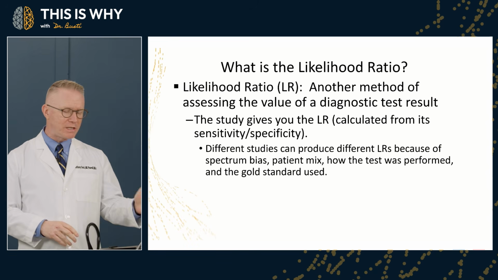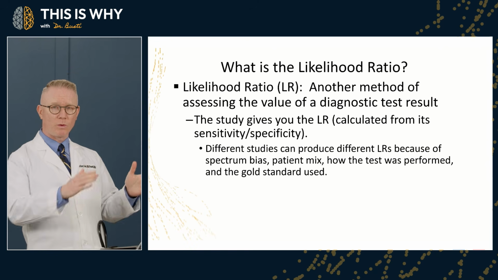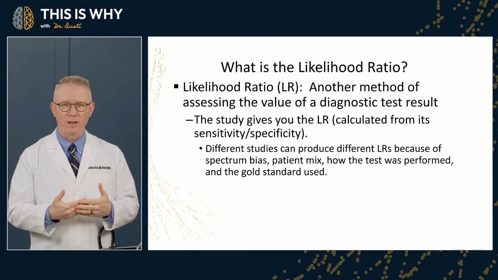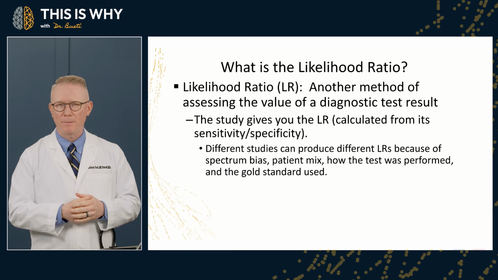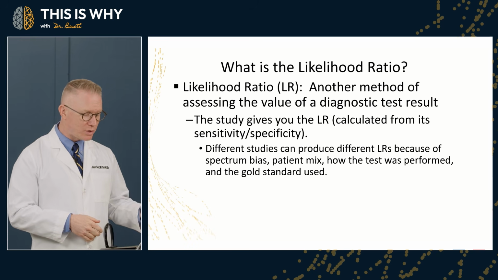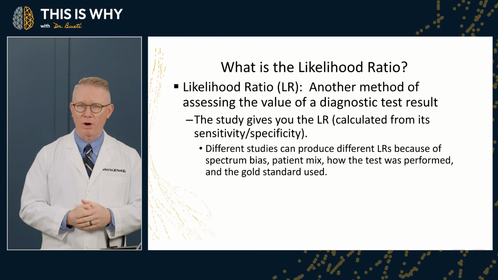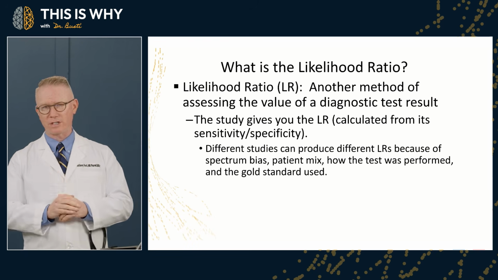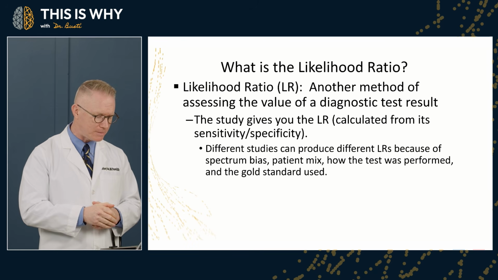But different studies, like I said just a minute ago, will produce different likelihood ratios, and that's because of, at some level, spectrum bias. It also is influenced by how the test was performed and what the established gold standard or reference test is being used as the comparison.